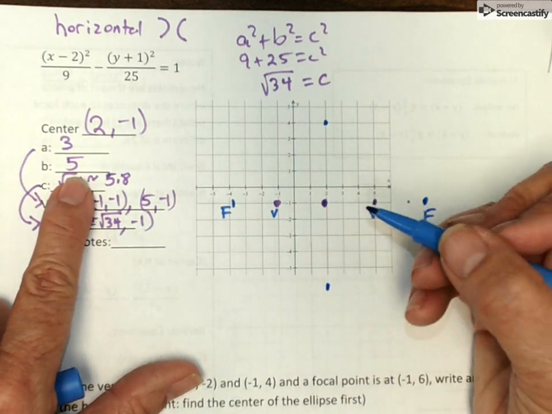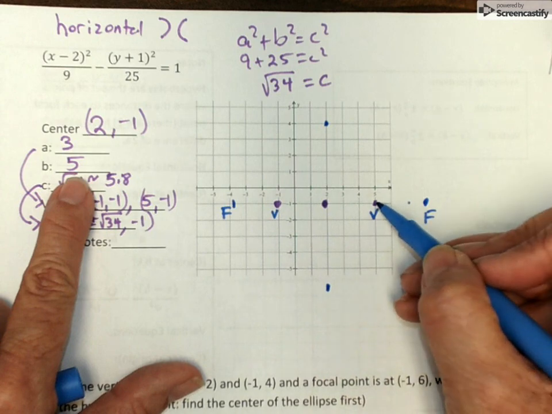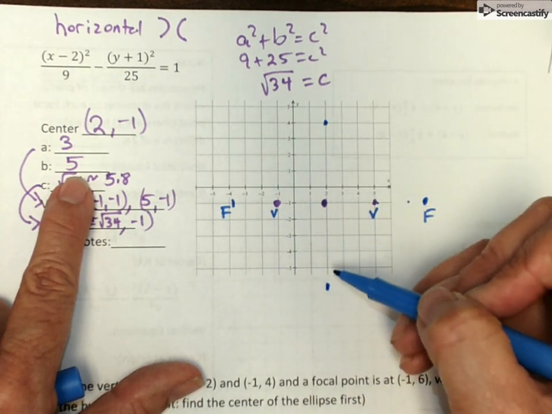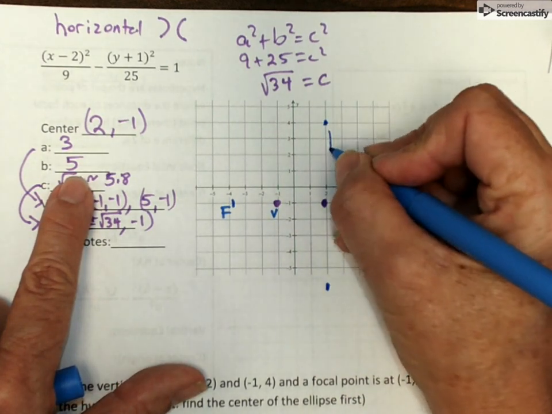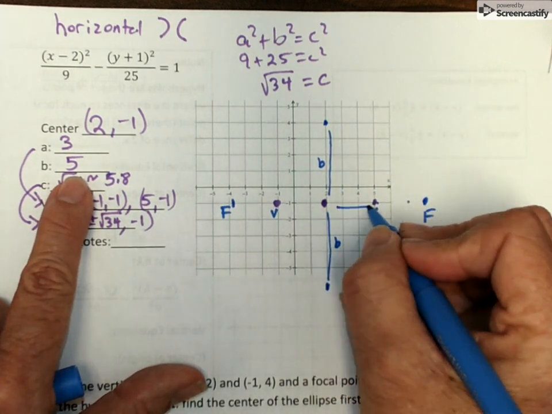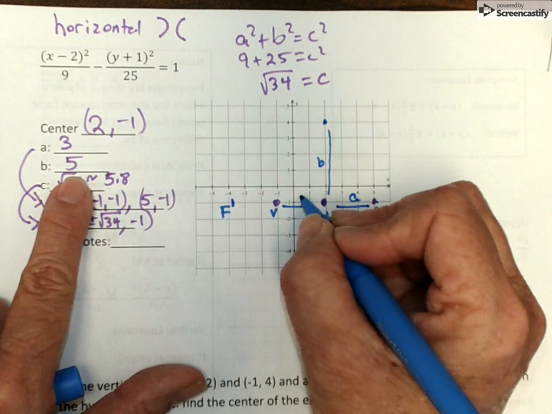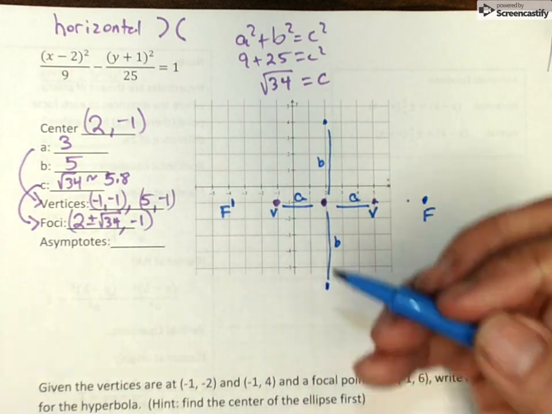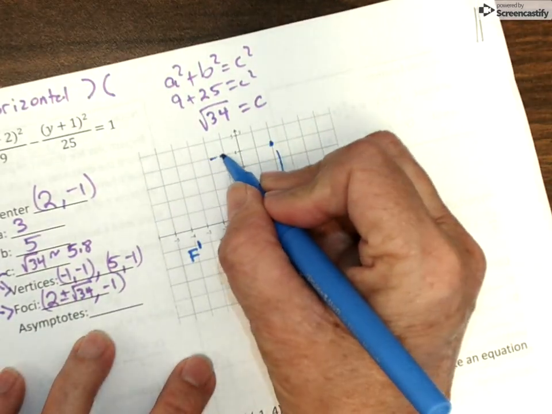And I'm going to create a rectangle using the vertices, and these 2 points that are b distance away. So you might want to remind yourself that this distance is b, this distance is a. Just if that helps. And let's build our rectangle.